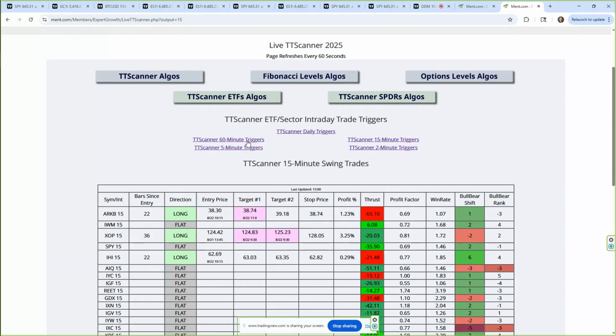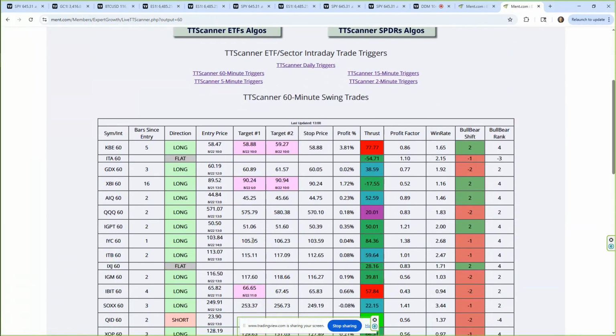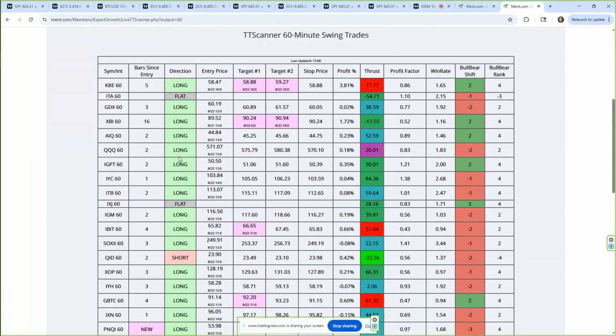Come back over here, 60-minute algos, long. Every time you see pink here, we've hit targets. What we're looking for is thrusting to be above 30, typically. This is a proprietary indicator telling us we're moving very strongly to the upside. This is only 2 bars into it.